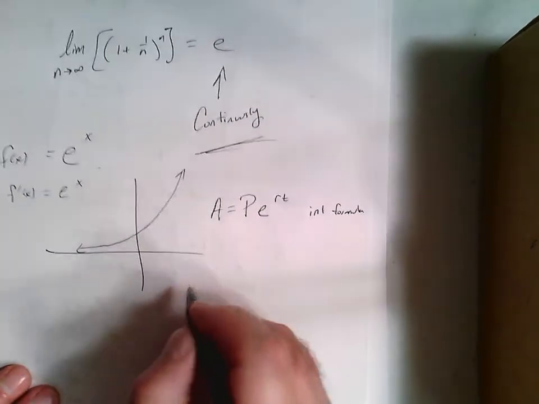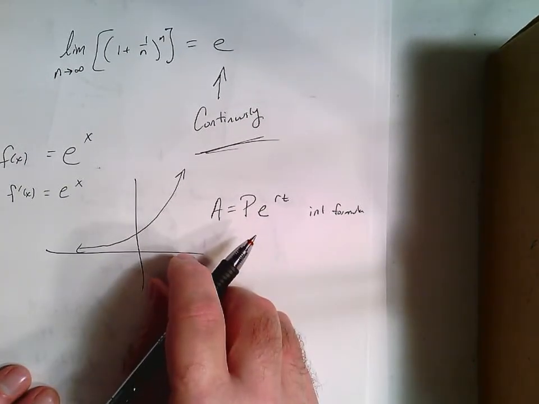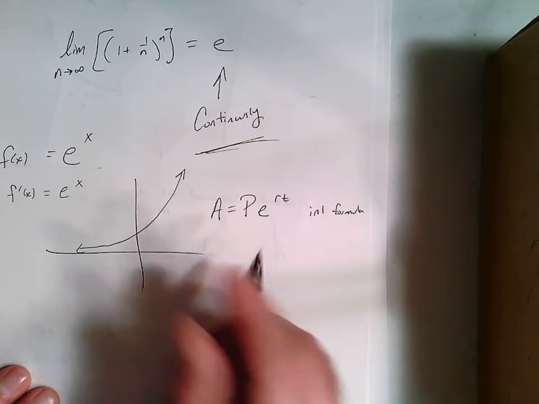All right, so let's go back to our example. Let's say somebody down the street said, you know what, I'm going to compound it continuously. It's never going to stop.